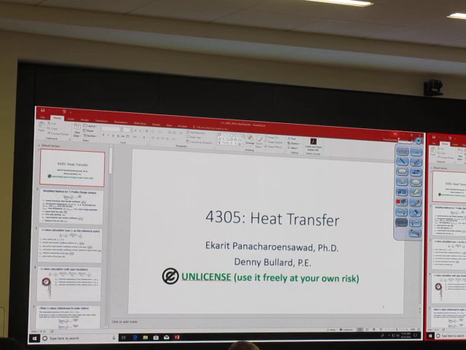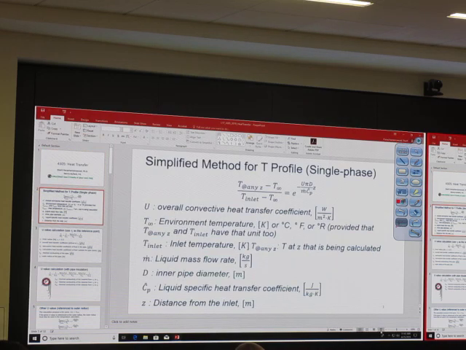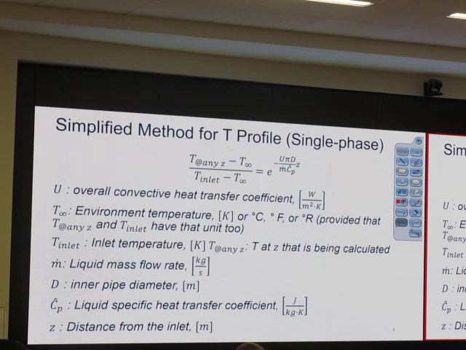Okay, let's go through. Any question on this? The question for me will be just, if I tell you the U value already, and I tell you that the U value is referenced with the inner pipe diameter, and I give you the inner pipe diameter, I give you the mass flow rate of oil, I give you the thermal conductivity of oil, the specific heat capacity of oil, I tell you the inlet temperature, the environment temperature, and I tell you, hey, at 2.5 miles away from the inlet, what is the expected temperature at that point?